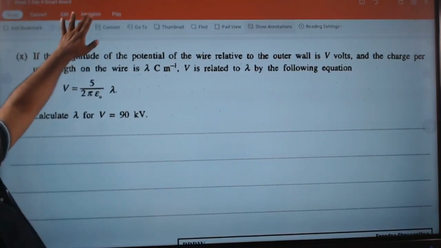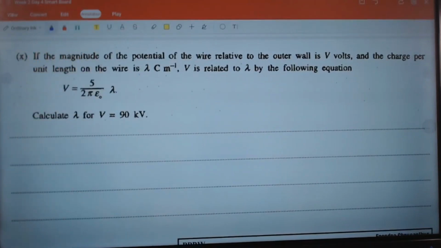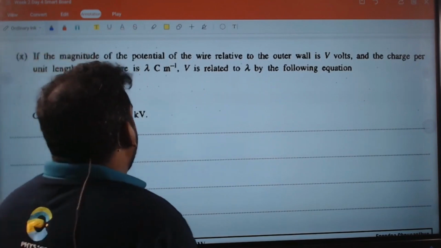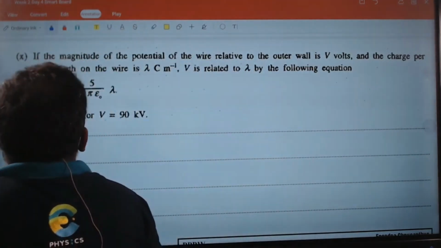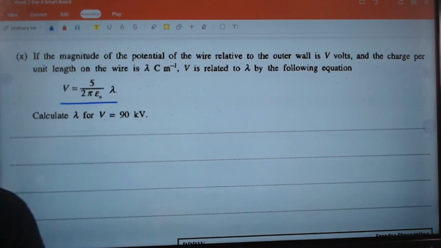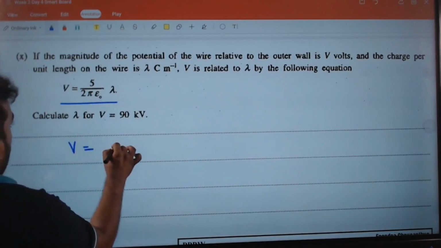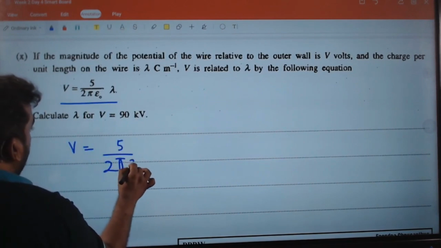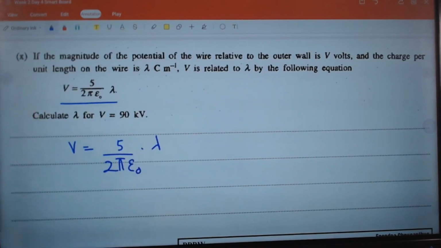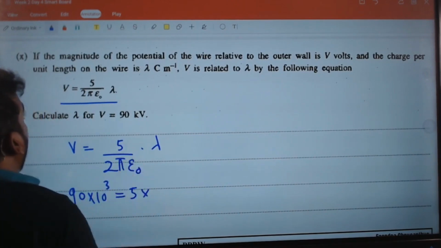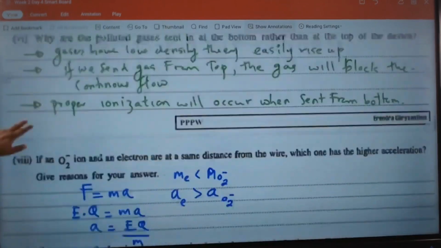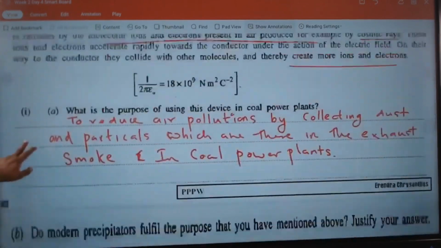If the magnitude of the potential of the wire relative to the outer wall is V and the charge per unit length is lambda, V is related to lambda by the following equation. Calculate lambda. V is equal to 1 over 2 pi epsilon naught times lambda. So 90 kilovolts, 90 times 10 to the power 3, equals 18 times 10 to the power 9 times lambda. 1 over 2 pi epsilon naught is given earlier.